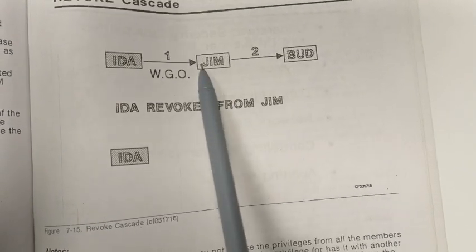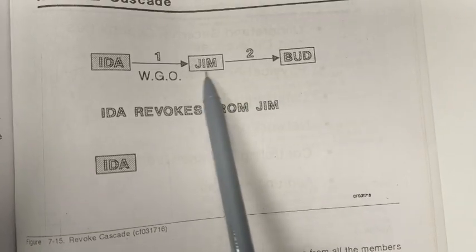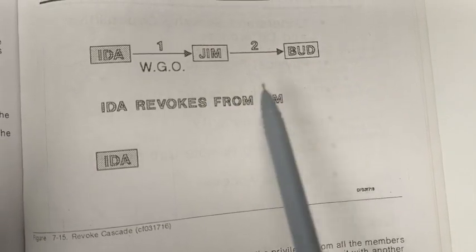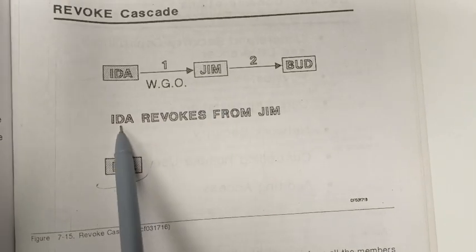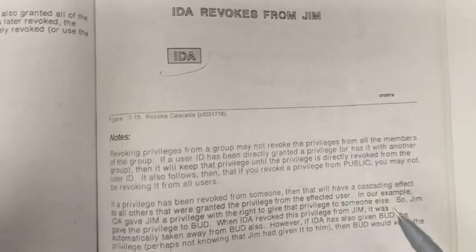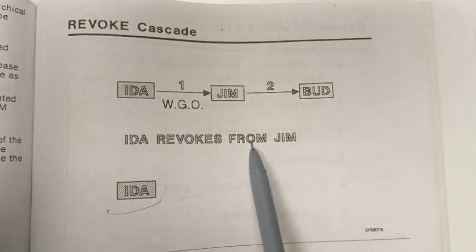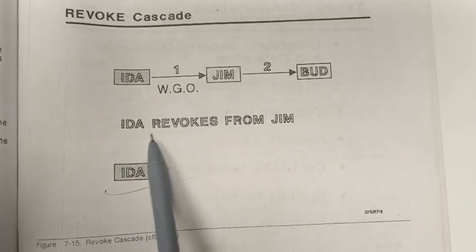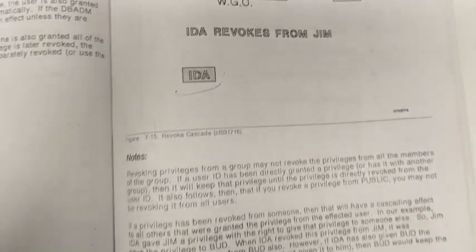If you revoke from Jim, the parent and child relationship means the child also gets revoked. You can see in the image after IDA, once you revoke access from Jim, even Bud also gets revoked automatically. We don't have to explicitly mention revoke access from Bud. We can just mention revoke access from Jim, and then Bud is revoked also.